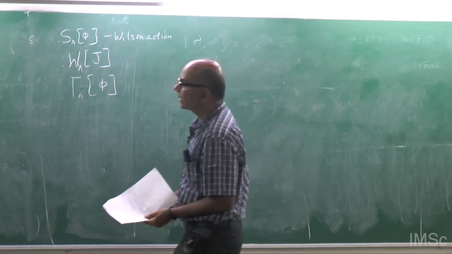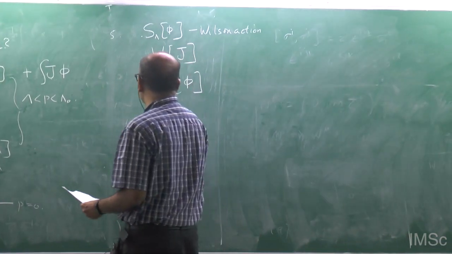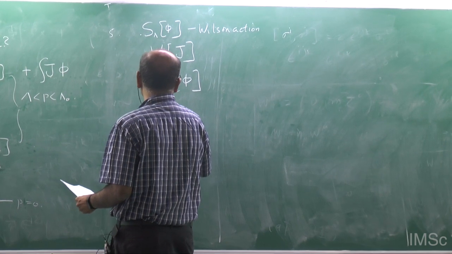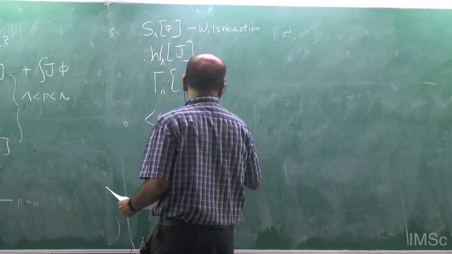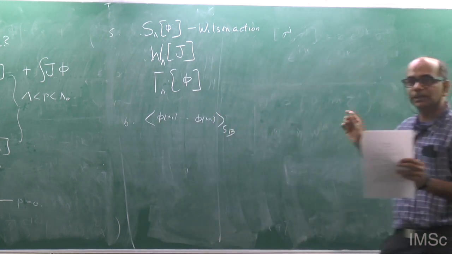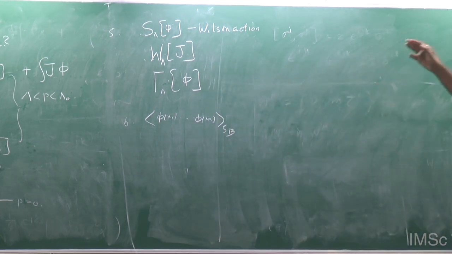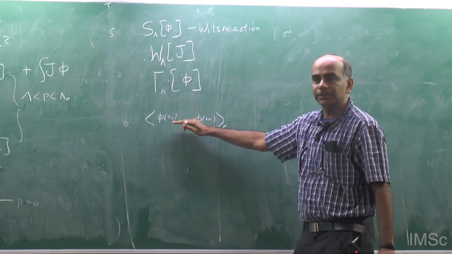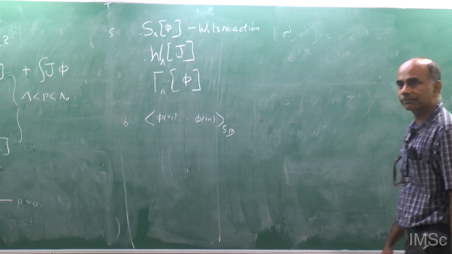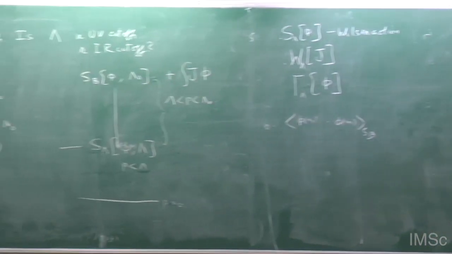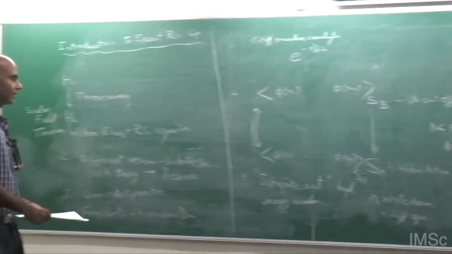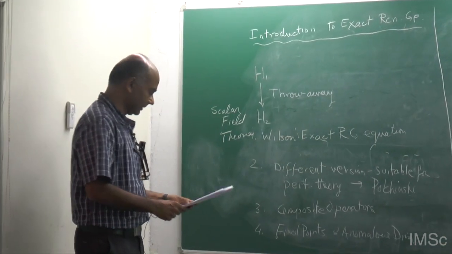And the last point I think I already mentioned is that what you're interested in finally are these correlation functions. Through all this formalism, what you have to keep at the back of your mind is that this is the object you're interested in. If you can get that, whatever you do, then you're okay. So these are some introductory points.